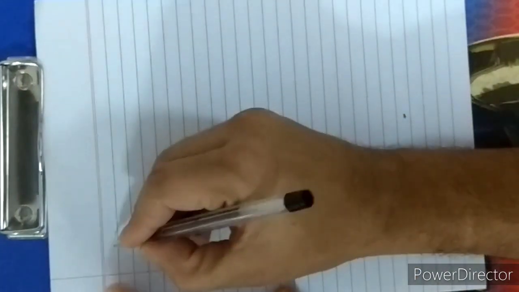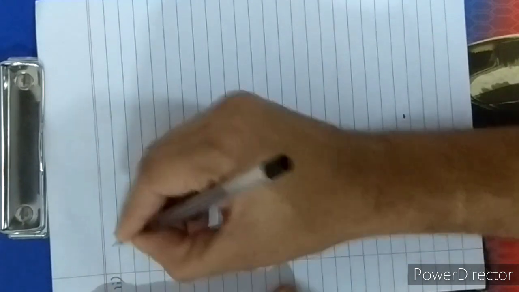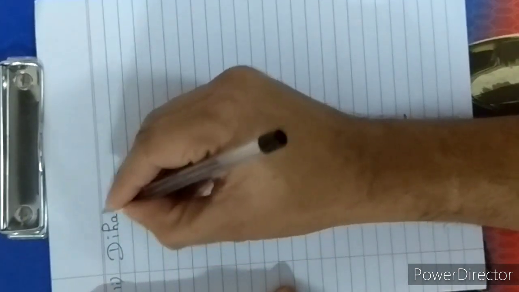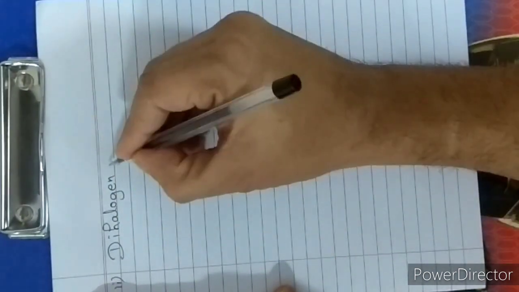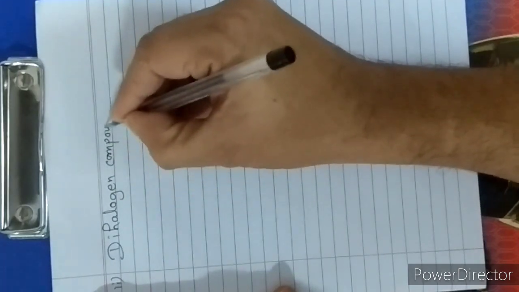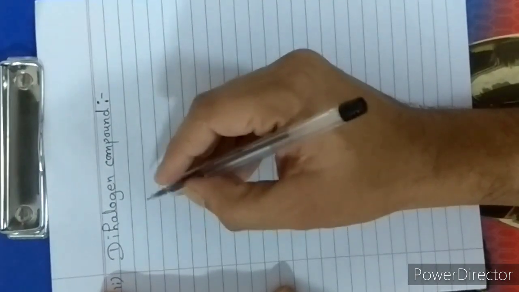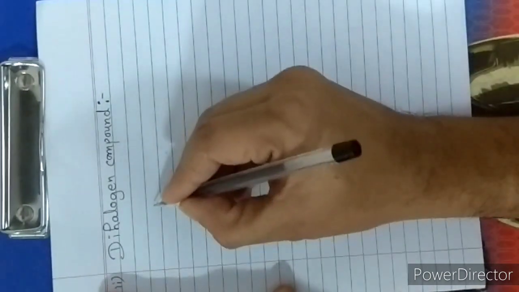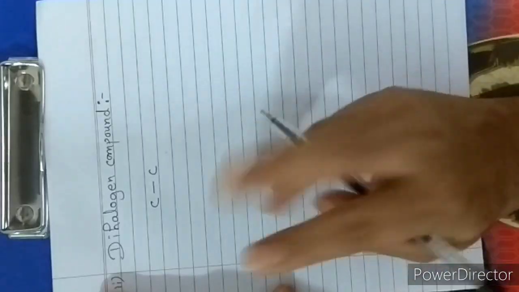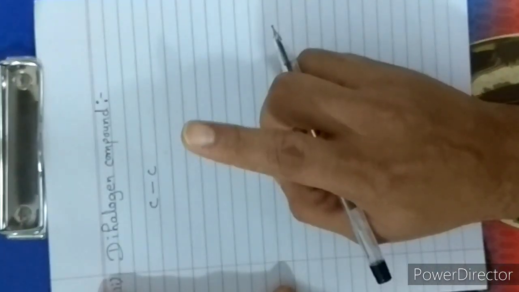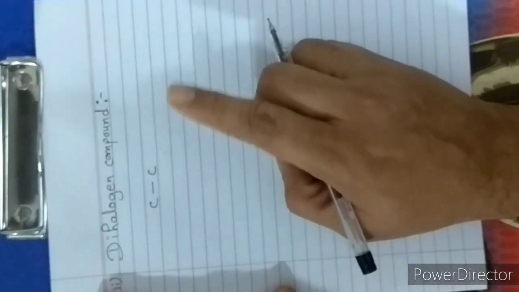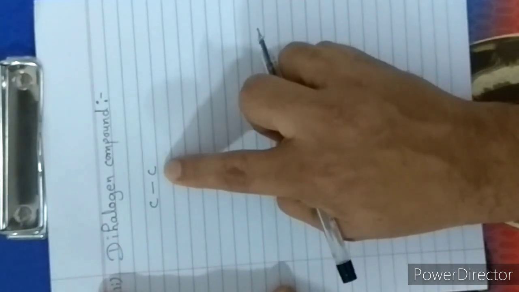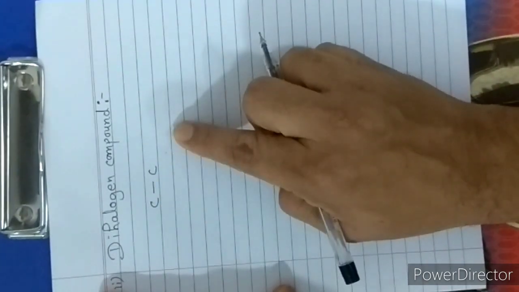Now student, next is dihalogen compound. Now in a dihalogen compound, two halogen atoms will be attached. For example, suppose I have carbon, right? Now I have to attach two halogens. Now very important student, these two halogens can attach on the same carbon or can attach to the adjacent carbon, right?